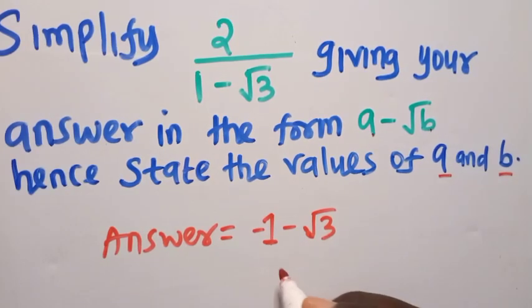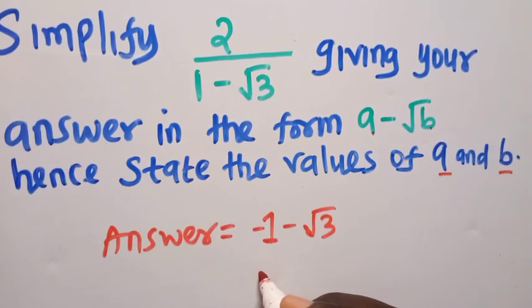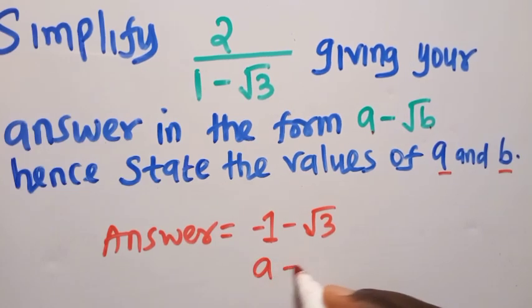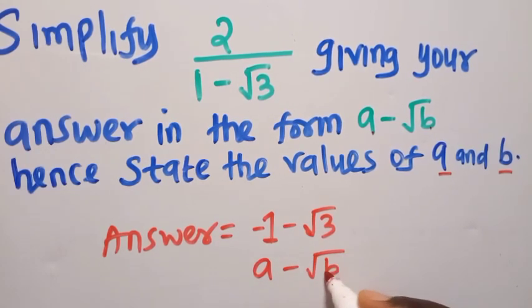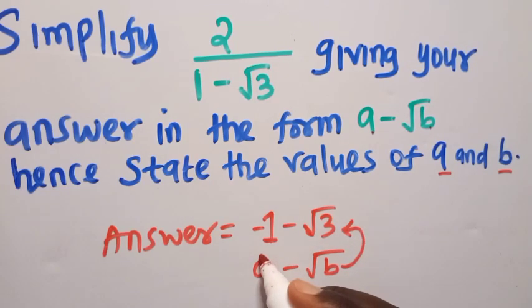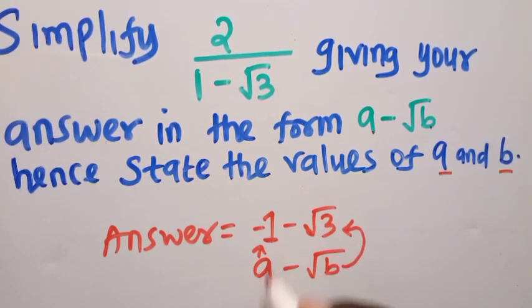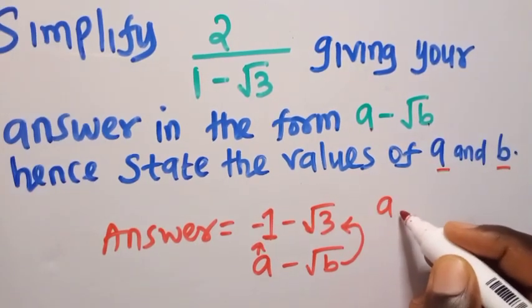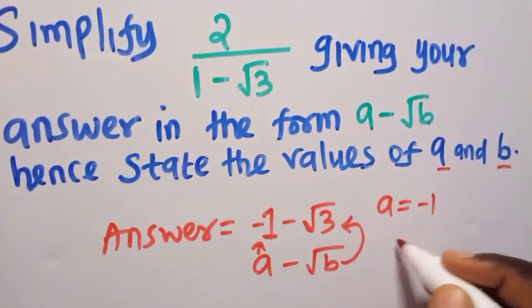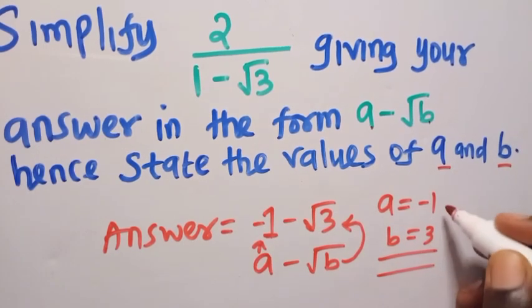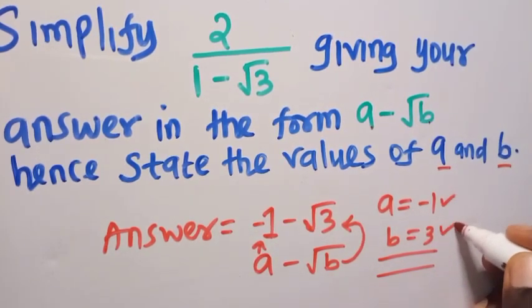In this case, if our answer is in the form a minus the square root of b, that means our b is 3 and our a is negative 1. Therefore, we will just say that our a is negative 1 and our b is 3. This is the value of a and this is the value of b.